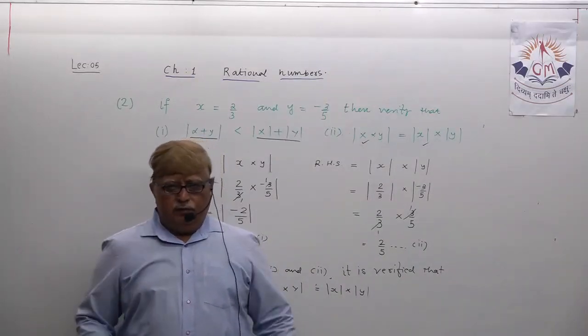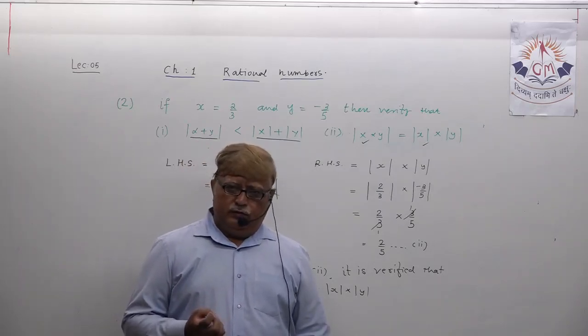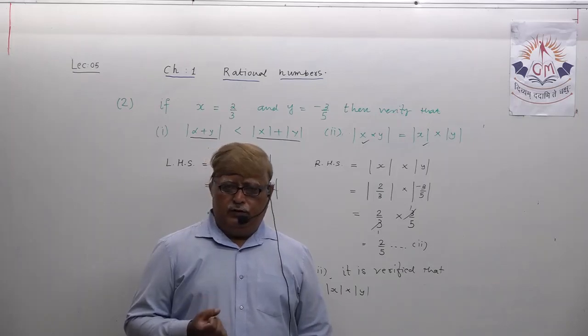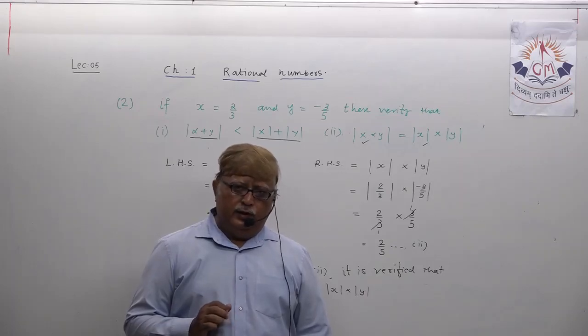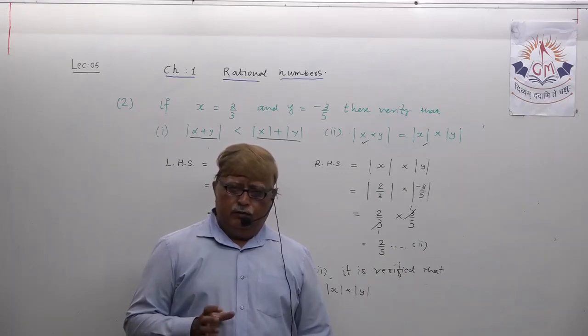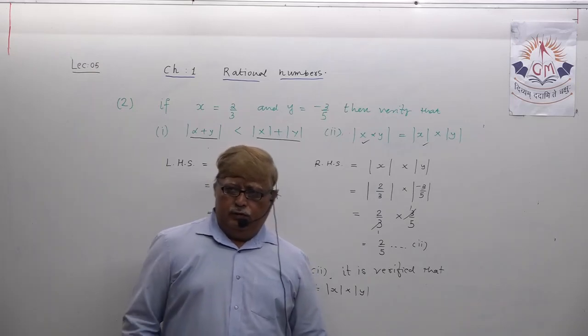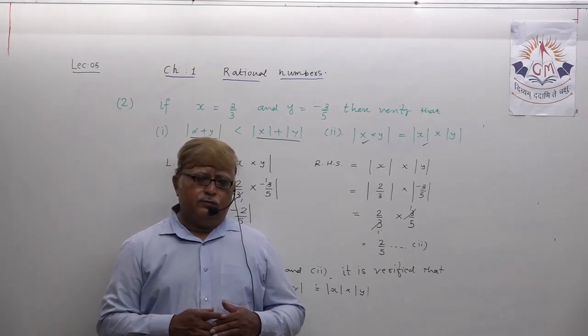Okay. In the next lecture we will continue our discussion regarding representation of rational numbers on the number line. Okay. So section 1, complete thorough practice of all examples, is over.